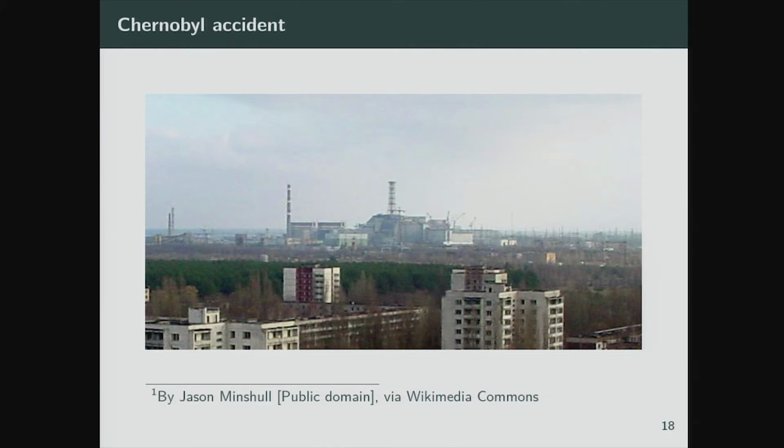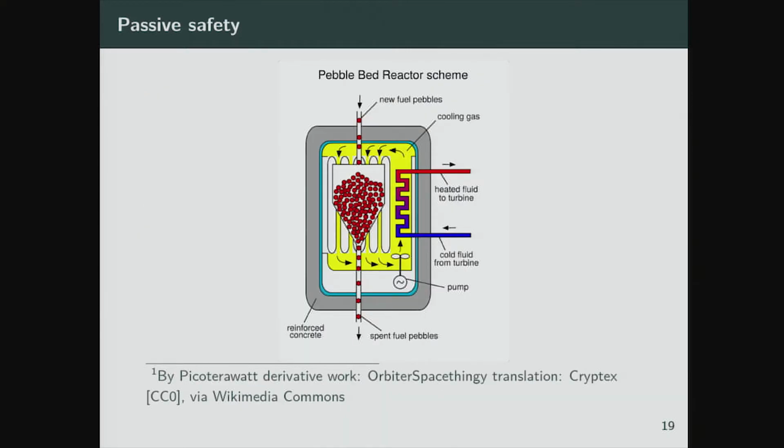Okay? If we have a look at one of the more modern designs of nuclear reactor, it's a pebble bed reactor. Now, what happens here is the nuclear material is actually stored in small balls of graphite, about 2 inches across. They have a radioactive uranium core, and the graphite acts as a moderator. But what also happens is, as the pebble heats up, it expands. And what that means is it gets further away from other uranium atoms.